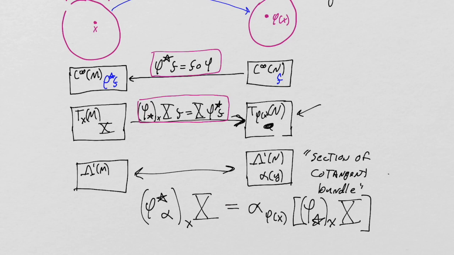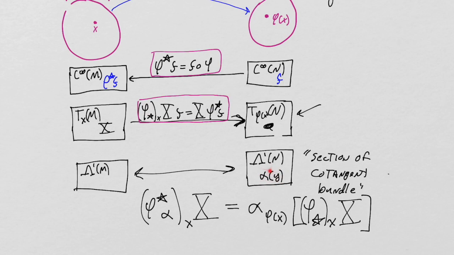Okay, so the original cotangent field, which is alpha, evaluated at the image point of x, operating on the push forward of a vector from the original tangent space at x, right? You push forward, you end up with a vector in the tangent space at psi of x, right? That's what this is.